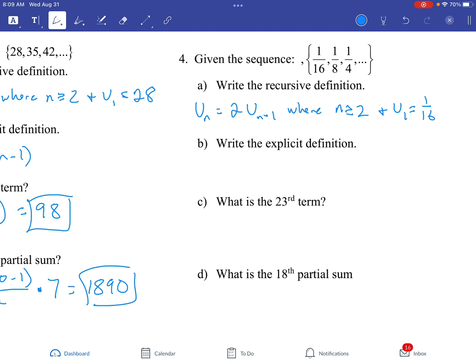All right, explicit definition, we have u sub n is equal to the first term, 1 over 16, times 2 to the n minus 1 power.